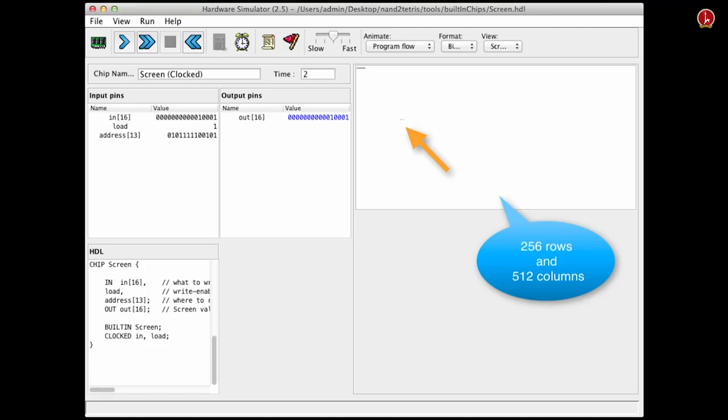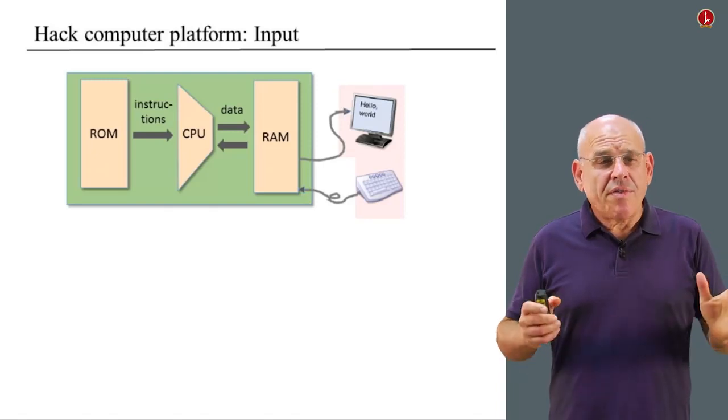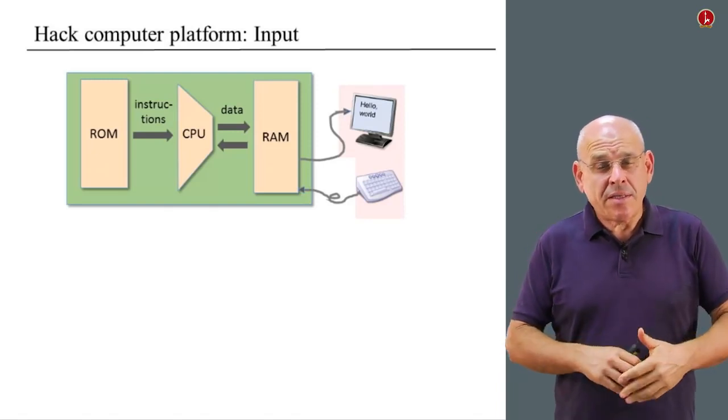So these 2 pixels obviously correspond to the 2 ones that happen to be the only 2 one bits in the binary representation of 17. So this has been a demo of manipulating the physical screen using the respective memory map, the screen chip that controls it. The next thing that I want to talk about is the input unit.